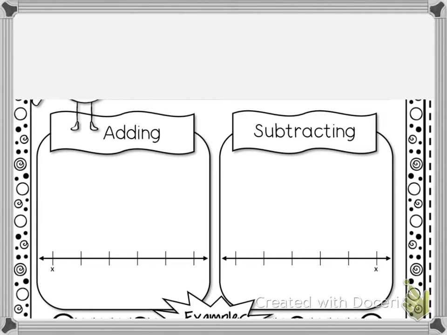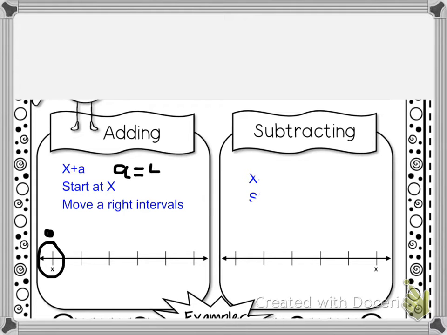So let's pretend that I have x plus a. So my first number is x. I'm going to start at x, and then I'm going to move however many a tells me to. So let's pretend that a equals 4.